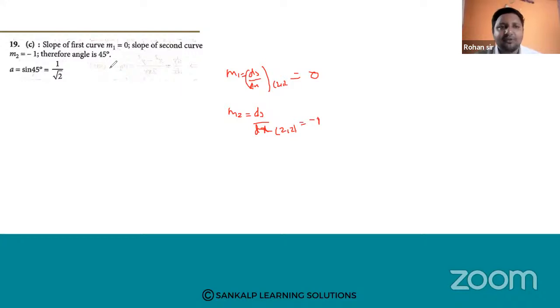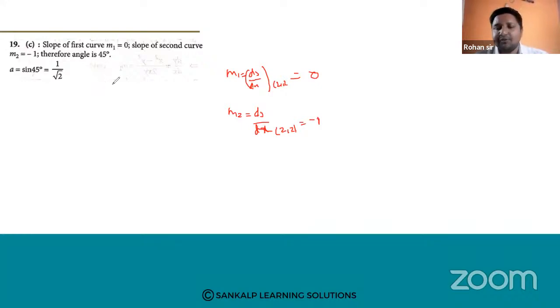So from this, m2 is equal to minus 1, therefore the angle is 45 degrees. The angle between 0 and minus 1, when you make use of tan theta, you will get 45 degrees.